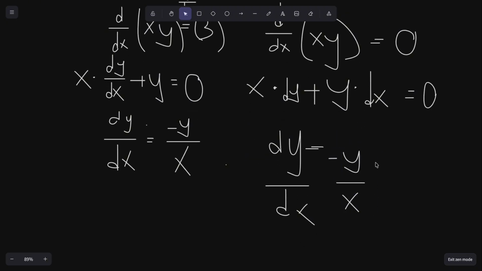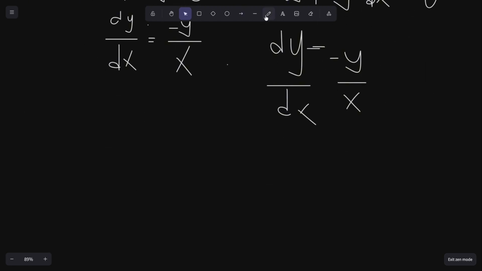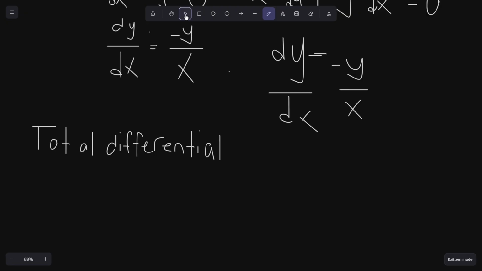Now, why does this work? Well, this is actually something known as the total differential. Essentially, the total differential is basically just a differential, but for multivariable functions.